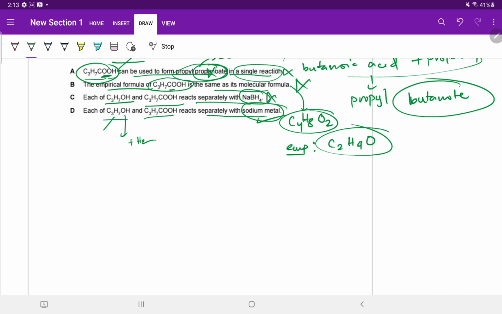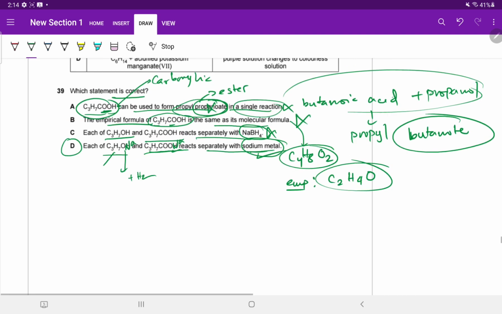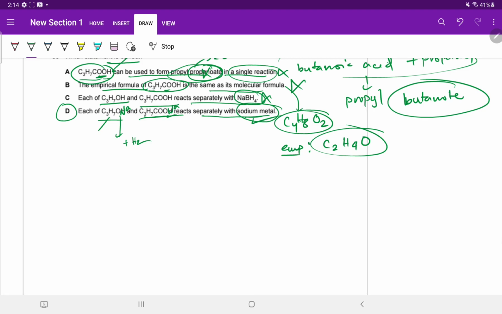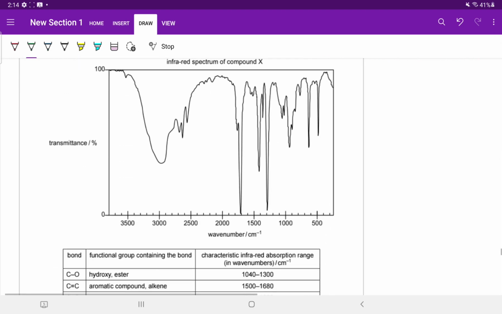Here the H will be replaced by Na. These are two different reactions because alcohols and carboxylic acids are not the same, so they will react separately with sodium metal. So option D is correct.